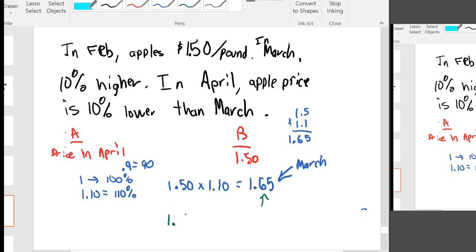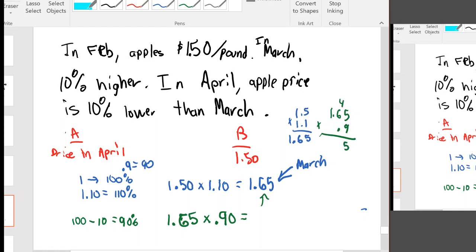April's price is based on $1.65, but it is 100% minus 10%, which is now 90%. It is 90% of the price. So April's price is 1.65 times 0.9.